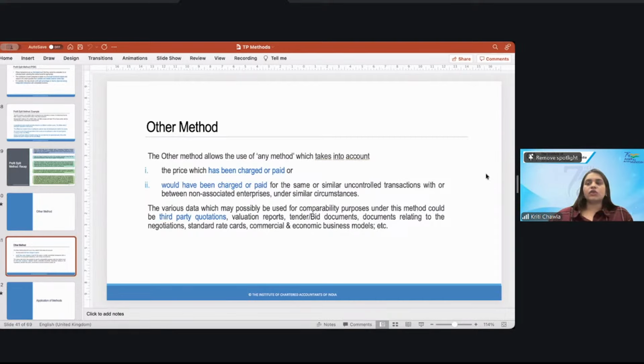So this is basically called the other method. Where does the other method really come into place? Practically, we use it for reimbursement transactions between associated enterprises. But otherwise, if you want to justify using the other method, you need to have third party quotations to actually do that.